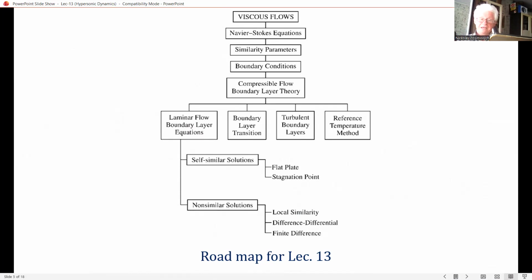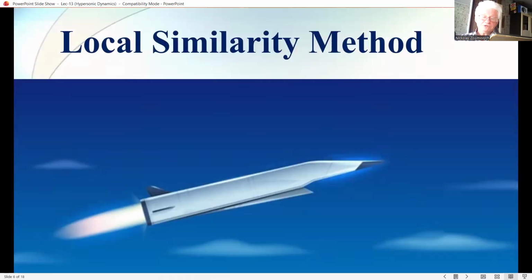And finally, in regard to the roadmap in this slide, we are now temporarily at the bottom of the map. That is the last of the items shown under the box at the left side of the map, labeled the laminar flow boundary layer equation. So the first topic of today's lecture, local similarity method.